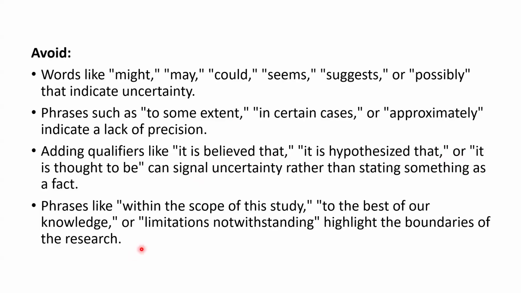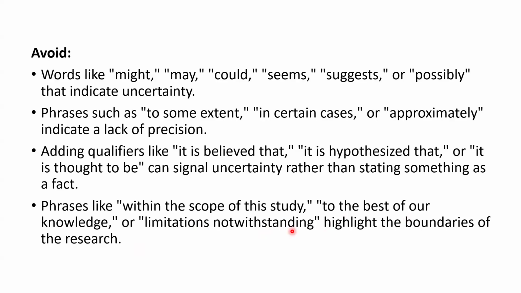And also don't use phrases like within the scope of the study, to the best of our knowledge, limitations notwithstanding, and so on, because they are also not suitable for discussions or conclusions. They might give an impression that the authors are not confident, your write-up will not be concise, and your conclusions might not be definitive.